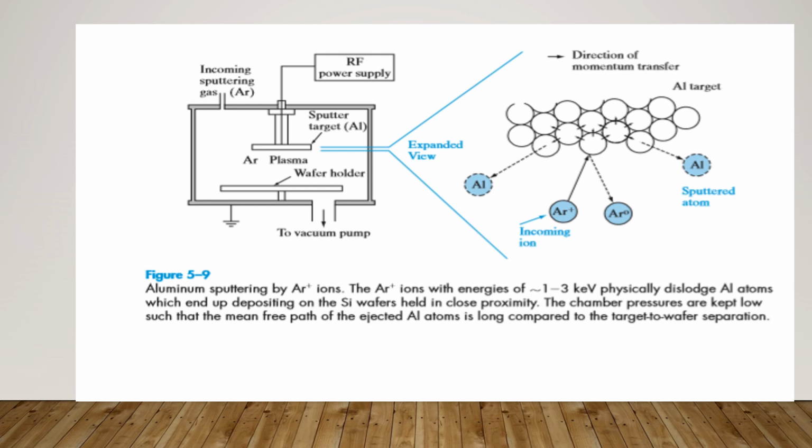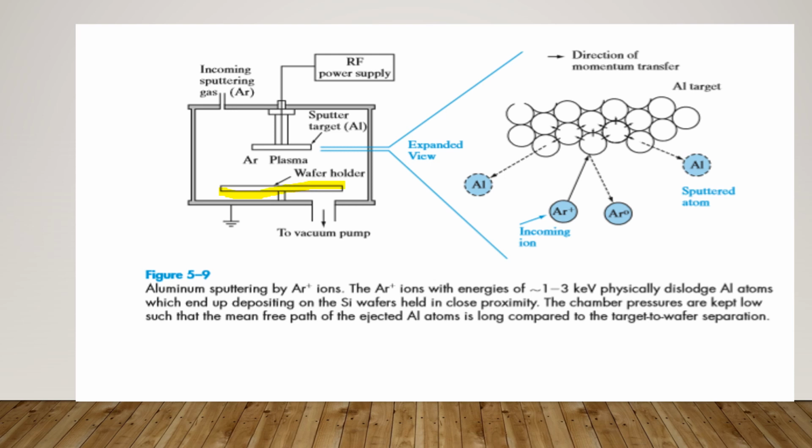Many of the aluminium atoms ejected from the target deposit on the silicon wafer, held in close proximity to the target. You can see here the wafer, and here the wafer holder which is holding the wafer.